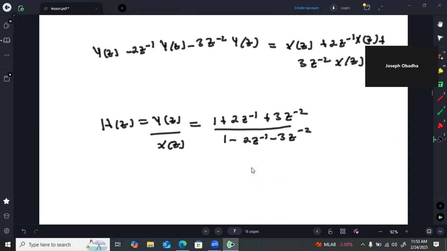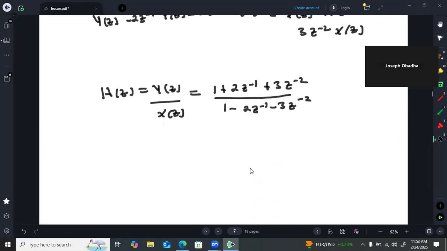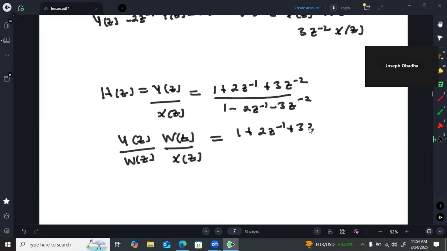So at this point, once we already have the transfer function, then we can now bring in our intermediate variable W of z, so that I can write the expression as Y of z over W of z multiplied by W of z over X of z, which should give us the same expression, 1 plus 2z negative 1 plus 3z negative 2 over 1 minus 2z negative 1 minus 3z negative 2.